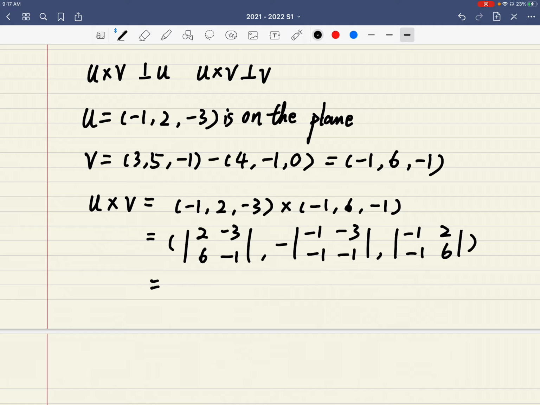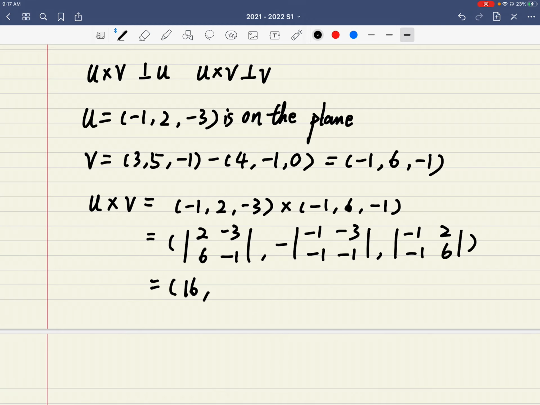Then you do the determinant. So it's the product of these two numbers minus the product of these two numbers. So it's -2 minus -18, which is 16.